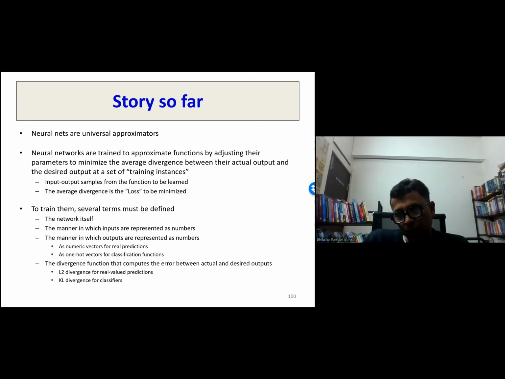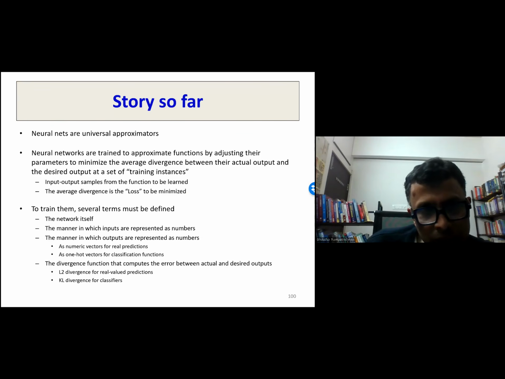And so to close, sorry for going over the story so far. Neural networks are universal approximators. They're trained to approximate functions by adjusting their parameters to minimize the average divergence between their actual output and the desired output on training instances, where the training instances are input-output samples from the function to be learned.